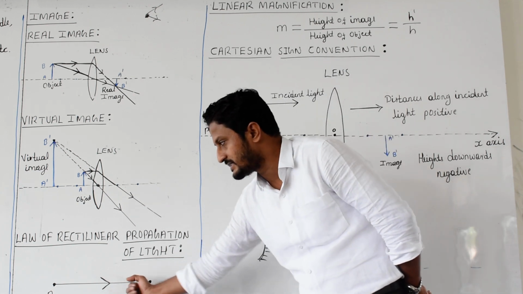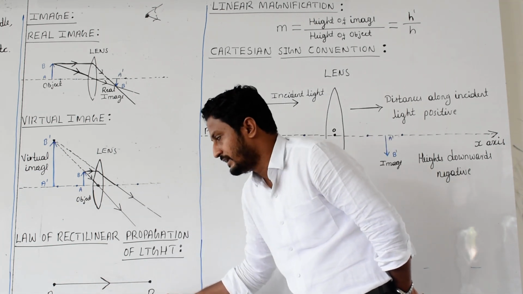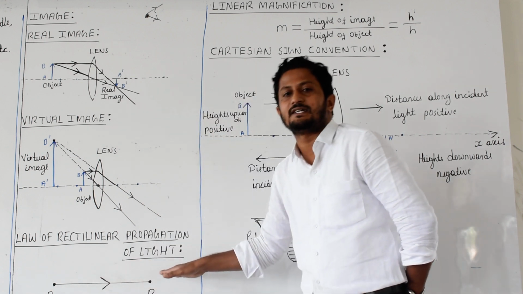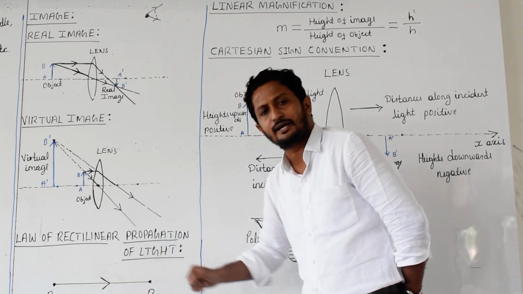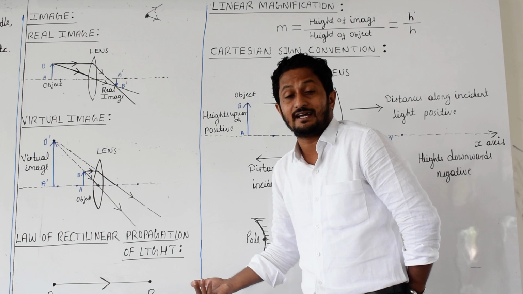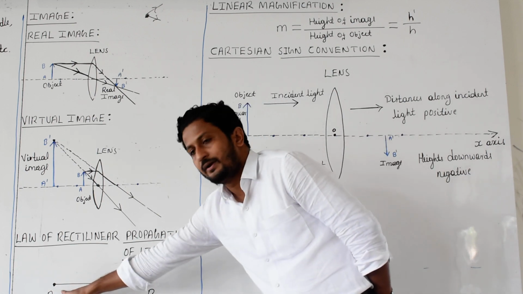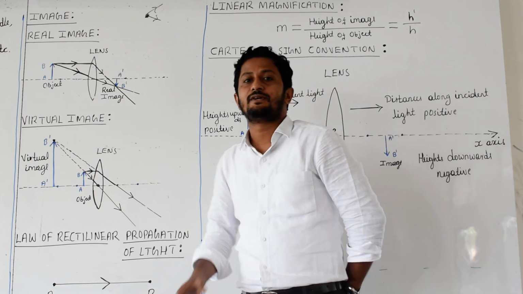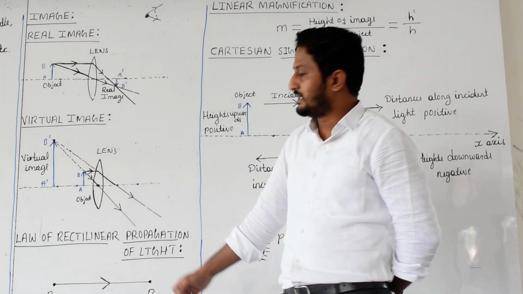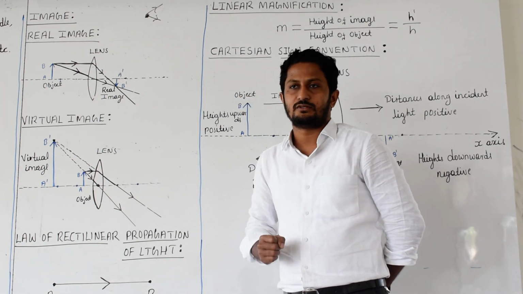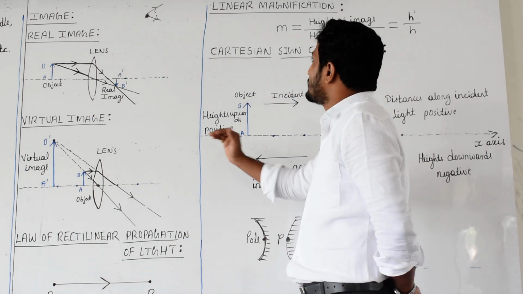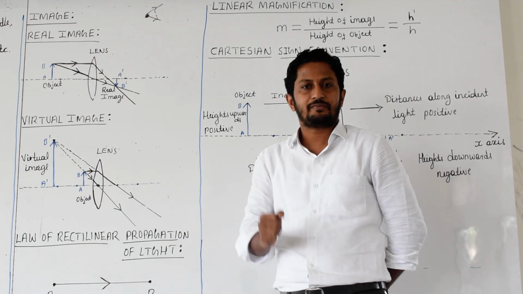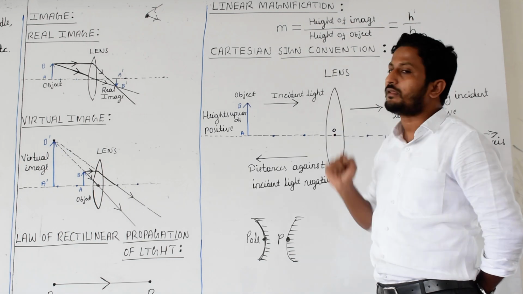You can see in this diagram also, from A to B, light moved along that straight line path. That arrow indicates its direction. It moved from A to B. Yes, it's very important. In the exam, they will be asking one question on this one. So concentrate on it.